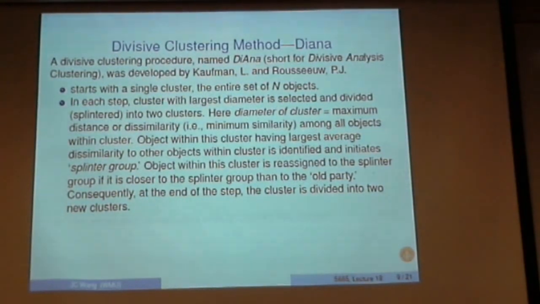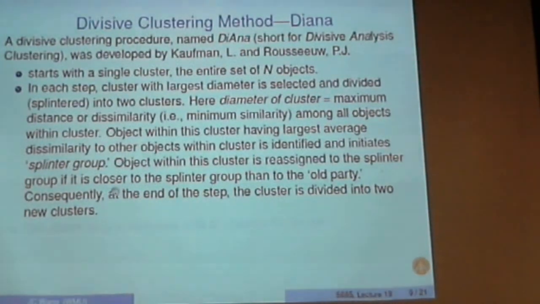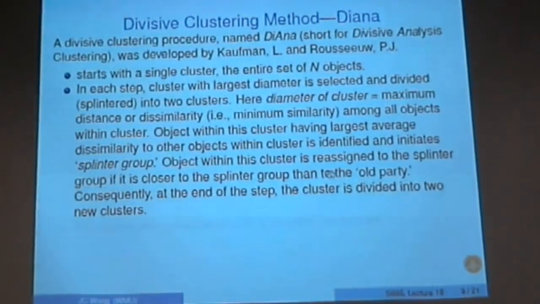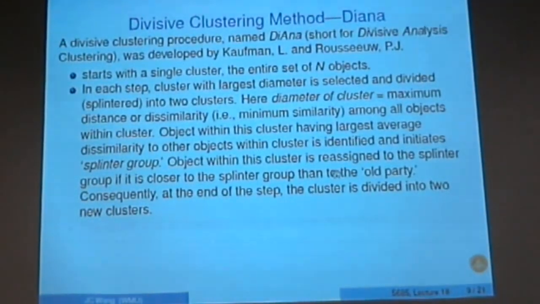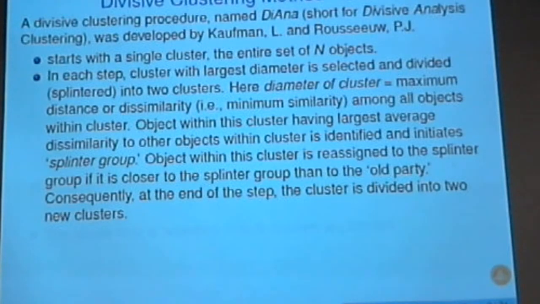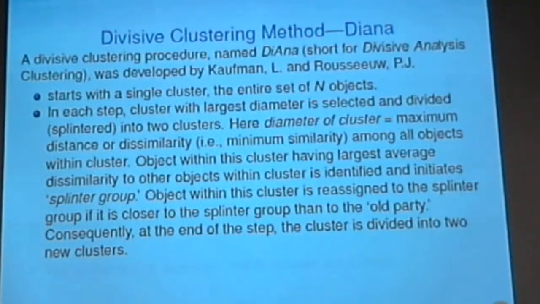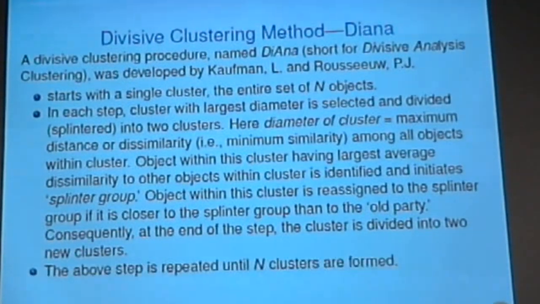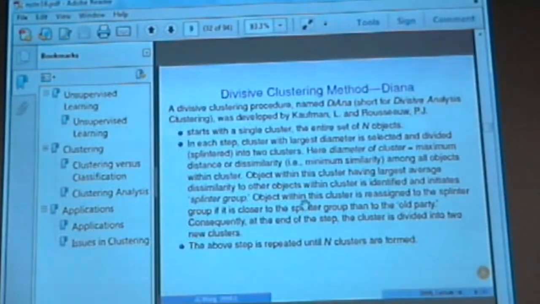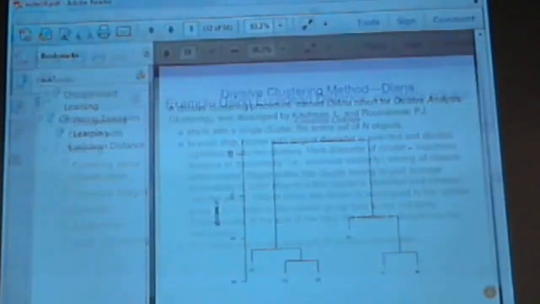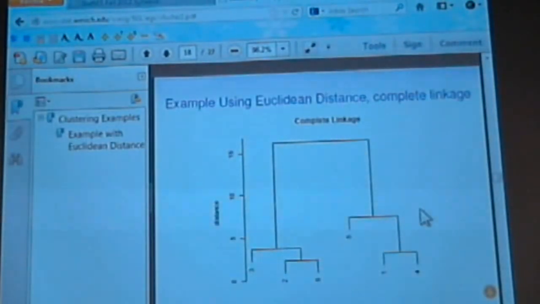An object within this cluster is reassigned to the splinter group if it is closer to the splinter group than to the old party, meaning the original parent grouping. This step is iterative until you reach all the objects by themselves. That's called divisive. So basically, let's look at this online example. I do have that.